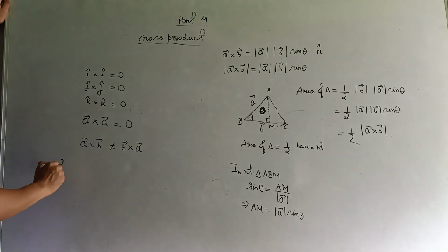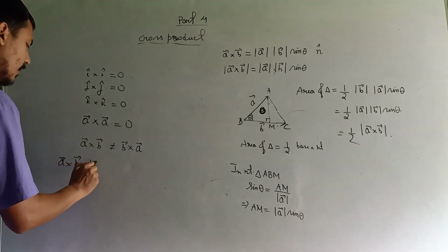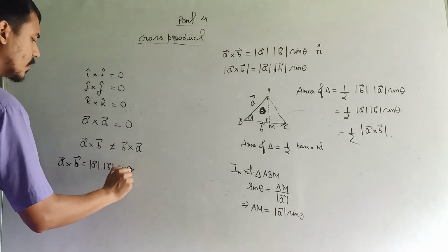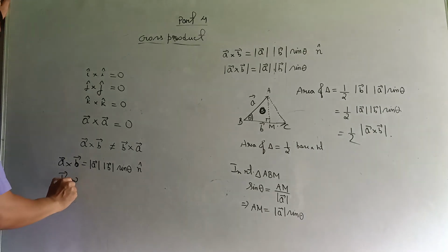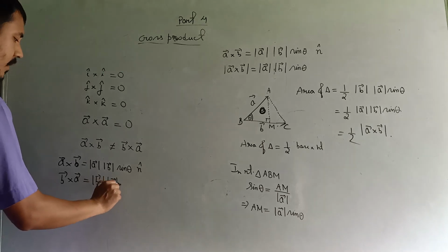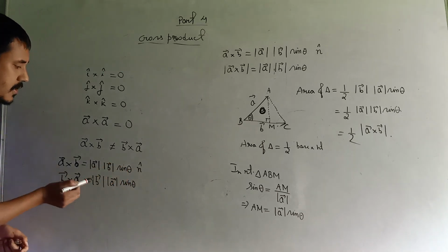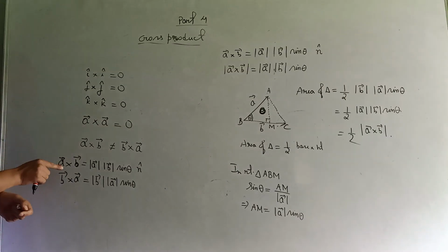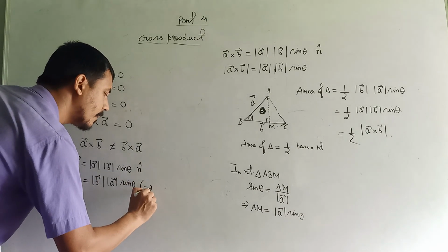Definition says A cross B means magnitude of A, magnitude of B, sine of the angle in between them, and unit vector. Then what would be B cross A? Magnitude of B, magnitude of A, sine of the angle in between them, and the direction of B cross A will be opposite to that of A cross B. In that case, unit vector n cap will become minus n cap.